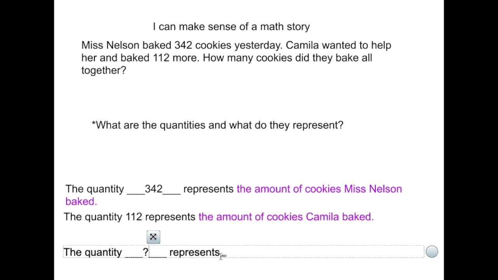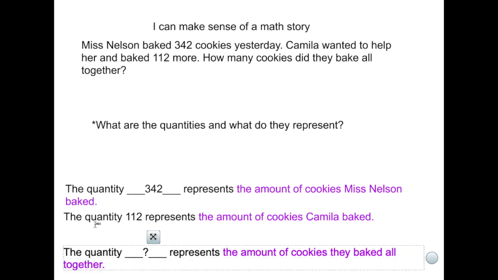So the quantity blank represents the amount of cookies they baked all together. So now we have all of our quantities and amounts and what they represent.